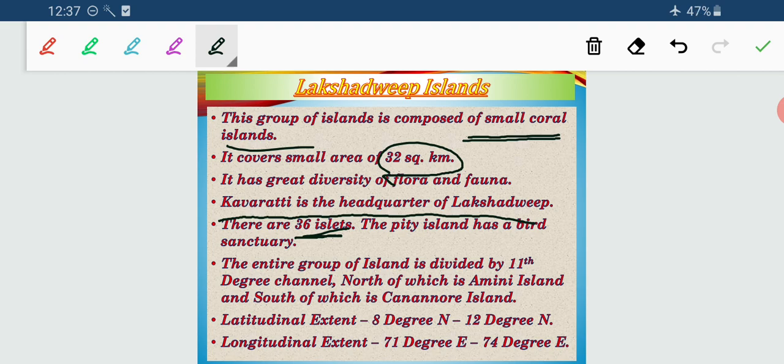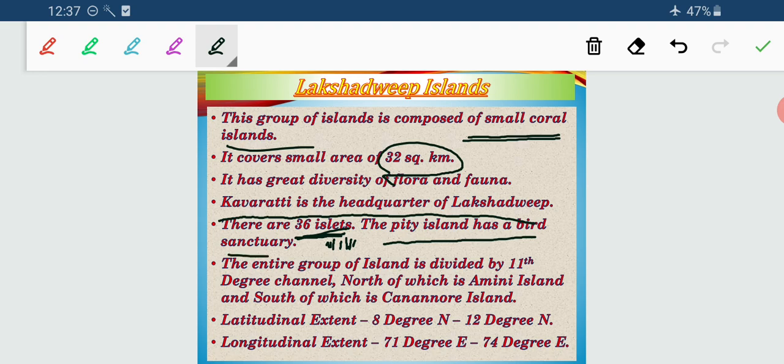So, in the Lakshadweep group of islands, there are 36 islets, and of these 36, only 11 are inhabited. And there, Pitti island has a bird sanctuary.